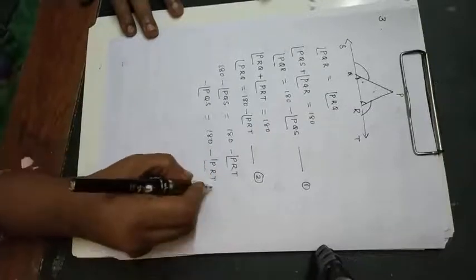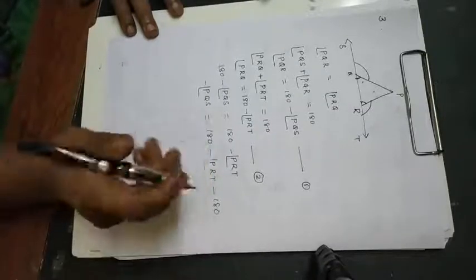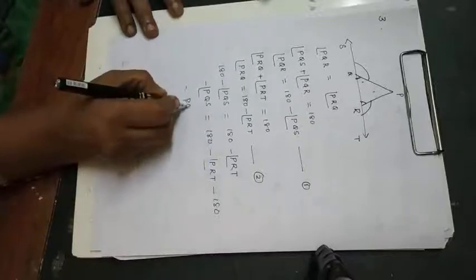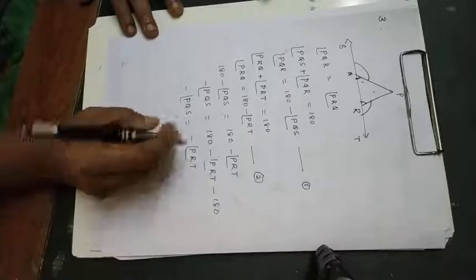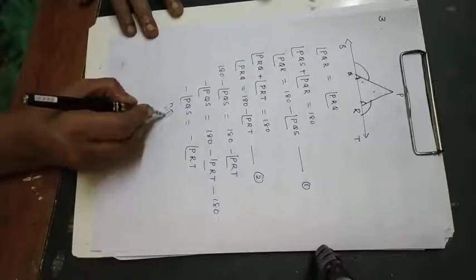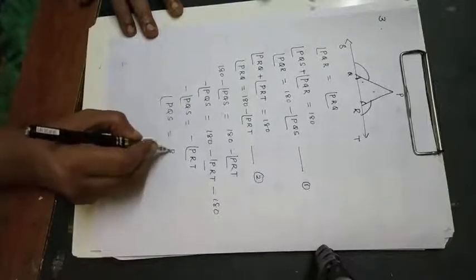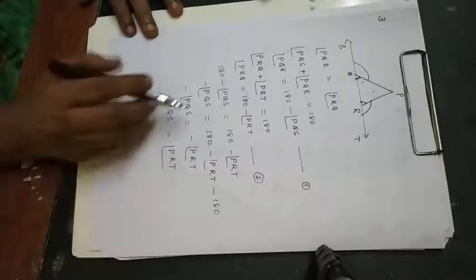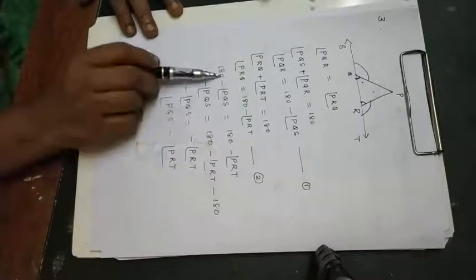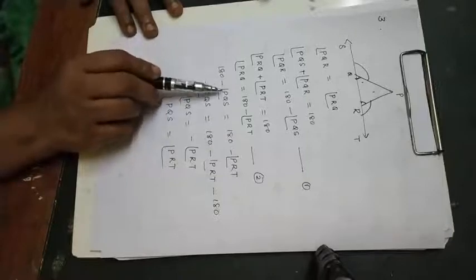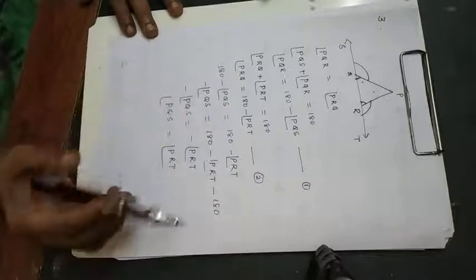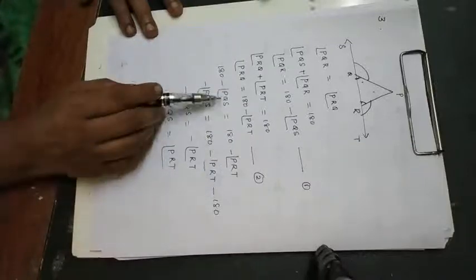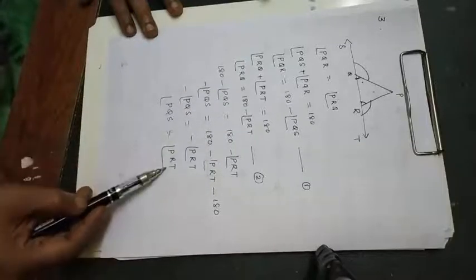So 180 will get cancelled, minus PQS will be equal to minus PRT, or negative on both sides you can cancel. PQS is equal to PRT. This much is enough because we are subtracting the same thing from 180. Both sides 180 will get cancelled. Then we can directly write PQS is equal to PRT that way also.